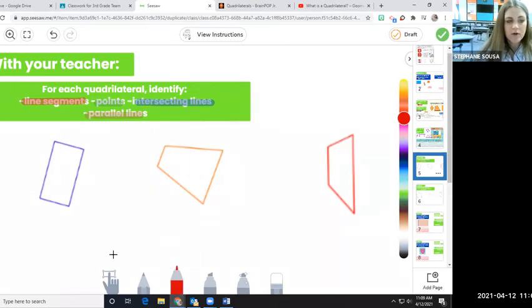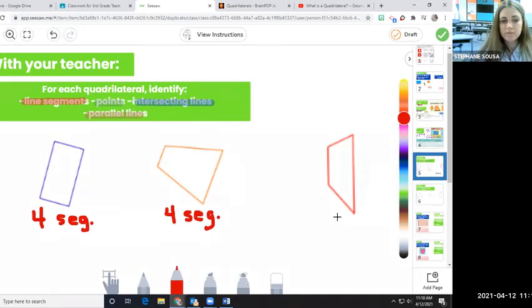For this rectangle, we have 4 segments. I'm going to write seg for short. For this trapezoid, we have 1, 2, 3, 4 segments, 4 line segments. And for this trapezoid, we also have 4. 1, 2, 3, 4. 4 segments again.